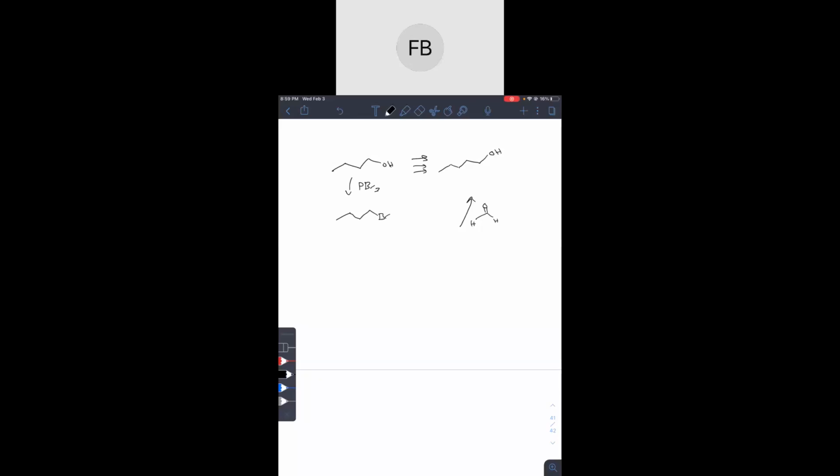And that's why it's so helpful. From there, we just do Mg over Et2O. And what that does is it adds an Mg on, so that becomes MgBr. And then from here, this is ready to be used as a nucleophile.